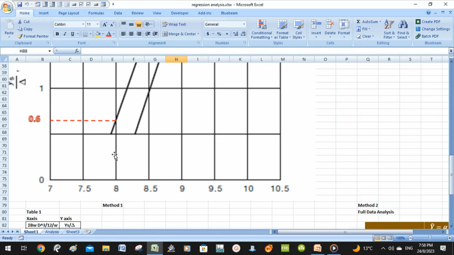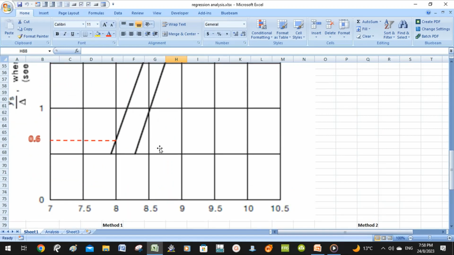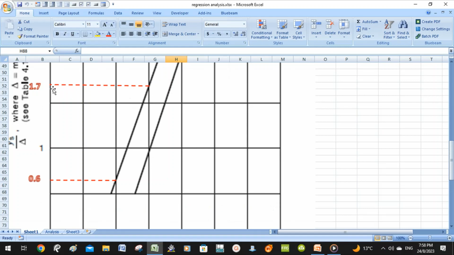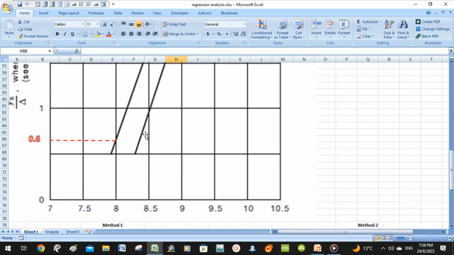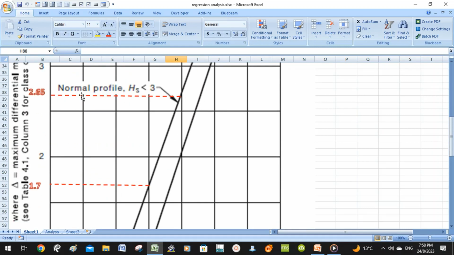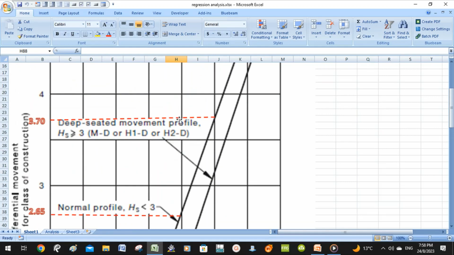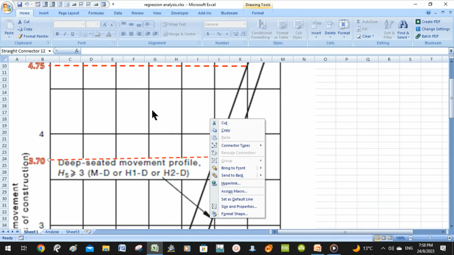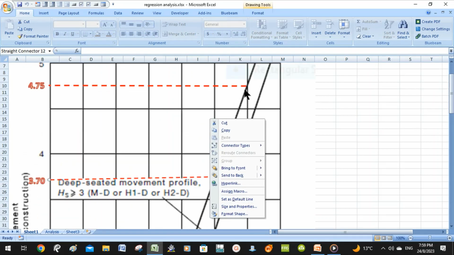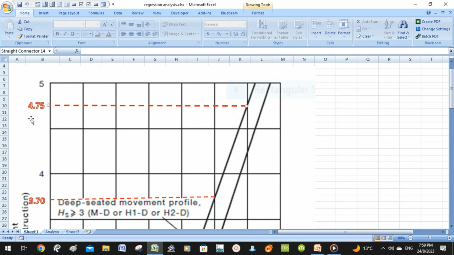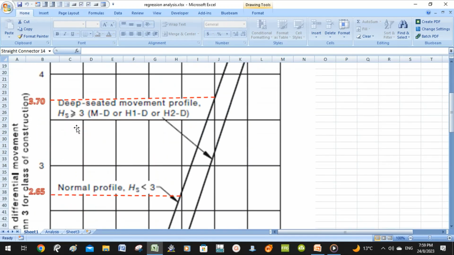So at point 8, I found out the equivalent y value, which is 0.6, and then at 8.5 is approximately 1.7. At 9, I got about 2.65. At 9.5, I've got about 3.7, and at 10, I got about 4.75.